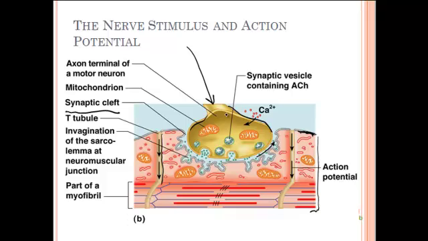So we have an electrical signal coming here, changing to a chemical signal, moving across the synaptic cleft, and that's stimulating the muscle, and the muscle also sends an electrical signal. So we go electrical, chemical, and then another electrical signal moving down the muscle fiber, and that's causing the muscle to contract.